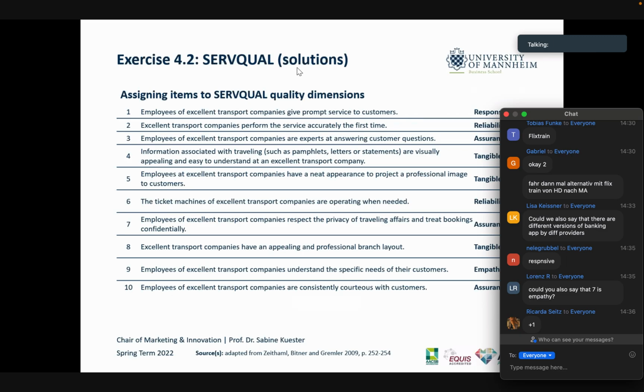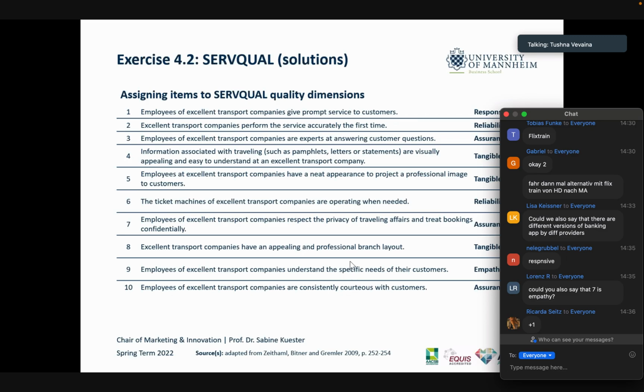Employees of excellent transport understand the specific needs of the customers, understanding, empathy, and consistently courteous with customers, assurance. Could you also say that 7 is empathy? Okay, so you wouldn't say that it's empathy because you're giving them an assurance or a guarantee that we are keeping your things private.